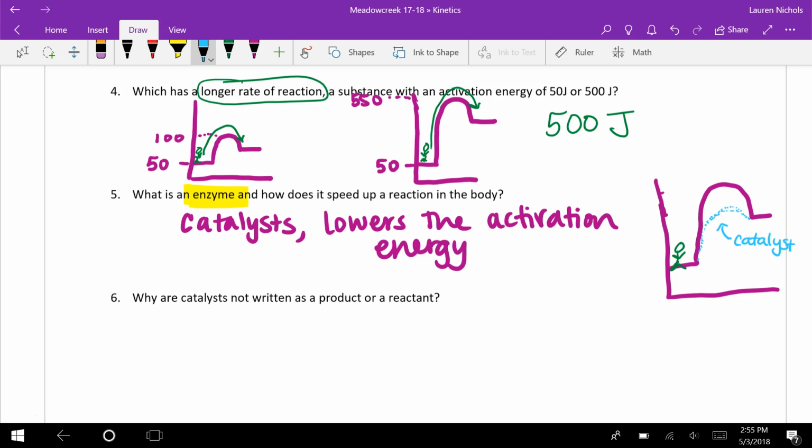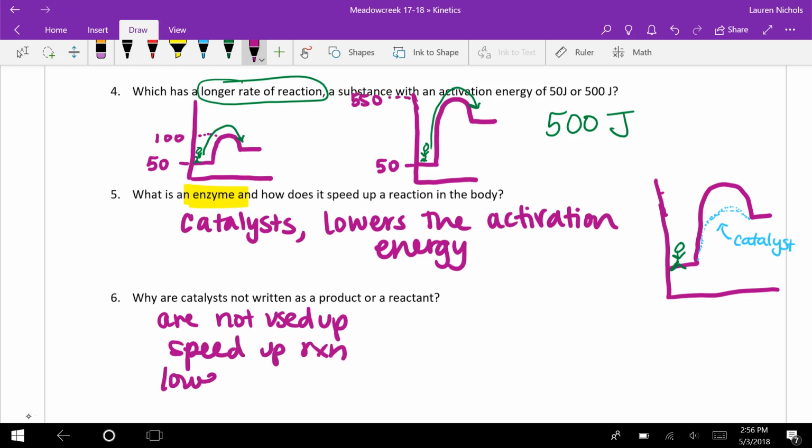Okay. And then now when question 6 asks, why are catalysts not written as a product or a reactant? Well, there are key things about catalysts. So one thing is catalysts are not used up. Okay. They speed up the reaction by lowering the activation energy, right?